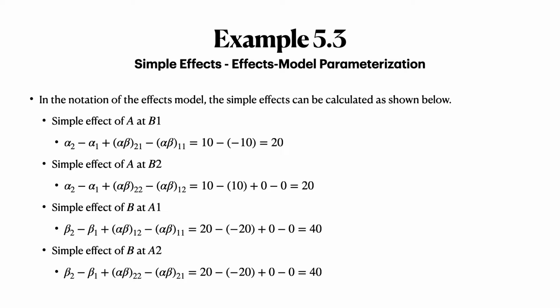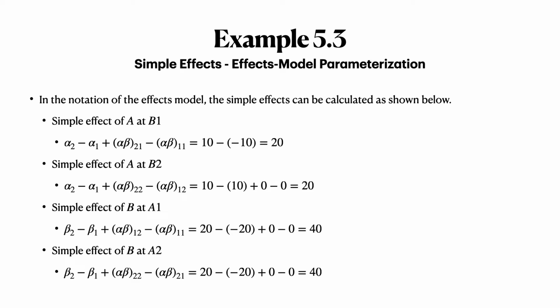And so this turns out to be 10 minus a negative 10 plus 0 minus 0. I see I've got a little typo there. I don't have the plus 0 minus 0. Remember, all those alpha betas are 0 in this particular example. And so that turns out to be 20. So the simple effect of A at the first level of B using this formula is 20.